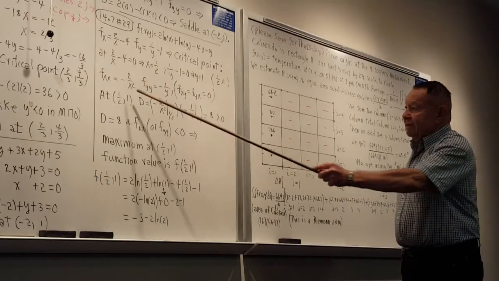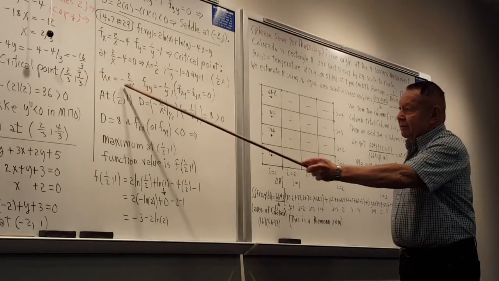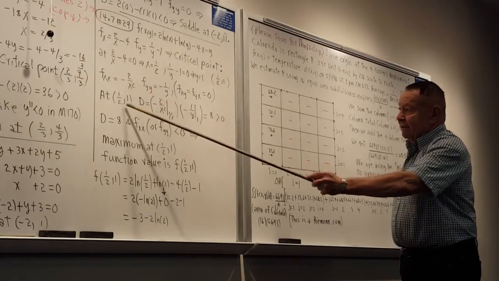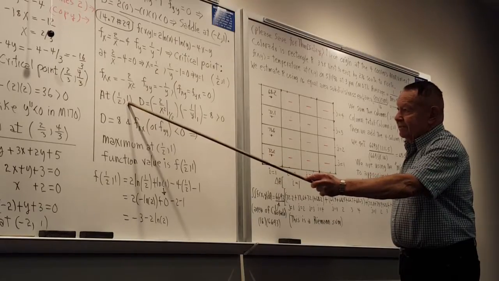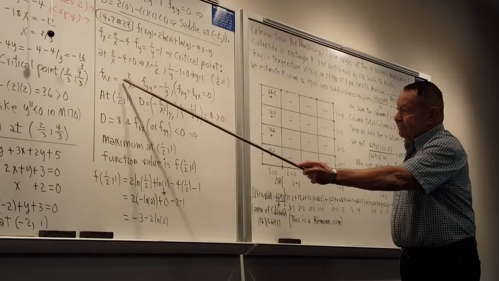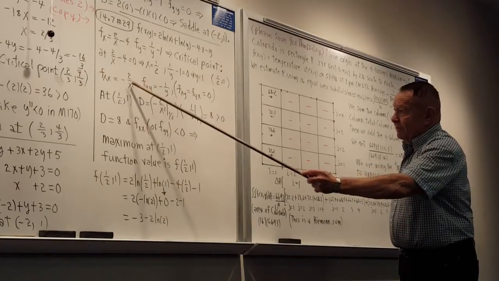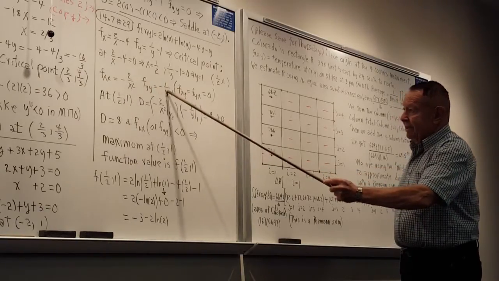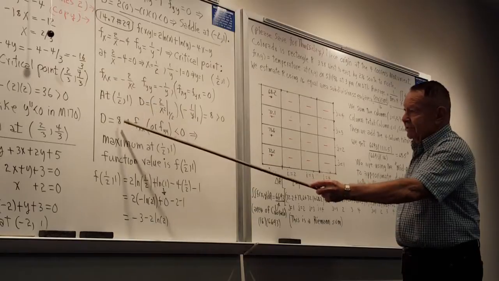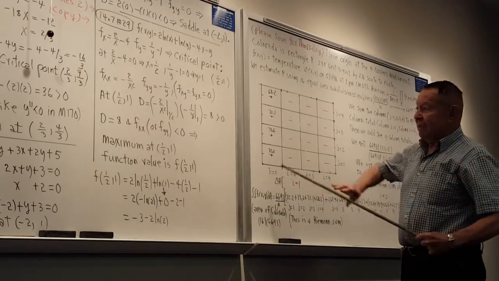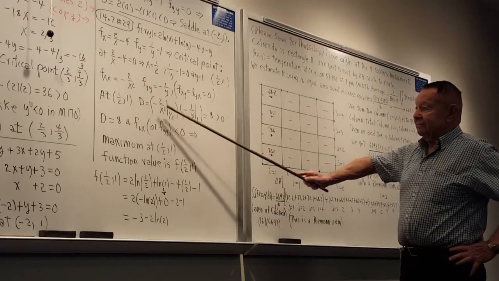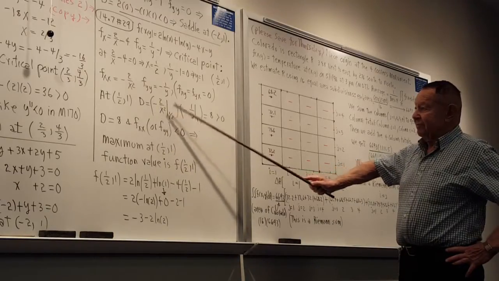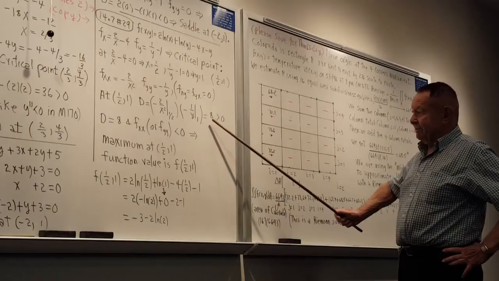So you're at the critical point where the y is 1, this is going to be negative, and that's going to be negative, so the signs match, and so your D value, your discriminant, is going to be positive.